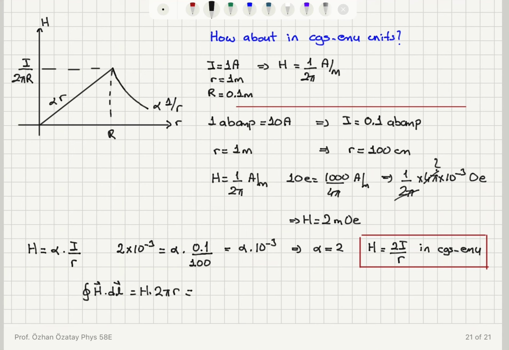H is equal to 2I over r. The closed path integral gives me, for the integral of dl, 2 pi r. So I see that these r's will cancel, and I will obtain 4 pi I. So the correct answer, Ampere's law in CGS EMU units, is the closed path integral H dot dl is equal to 4 pi I.